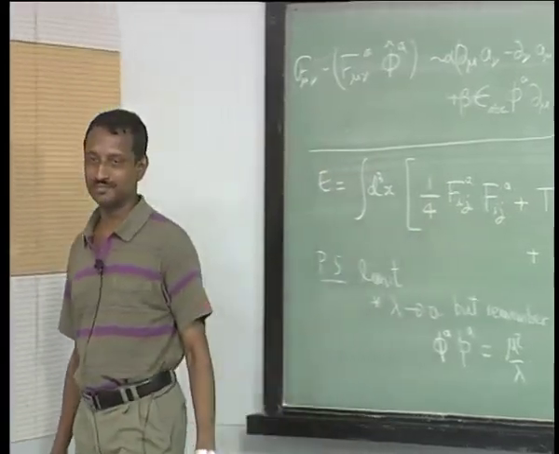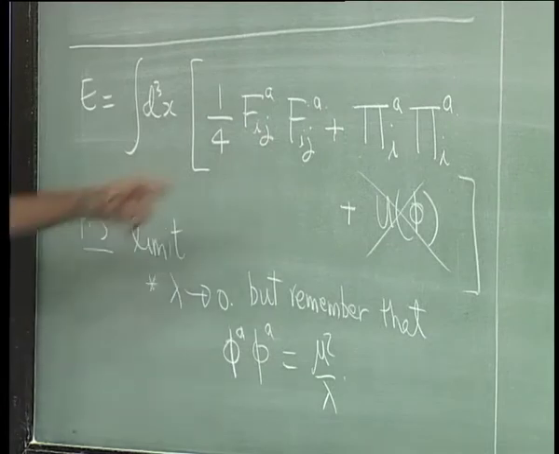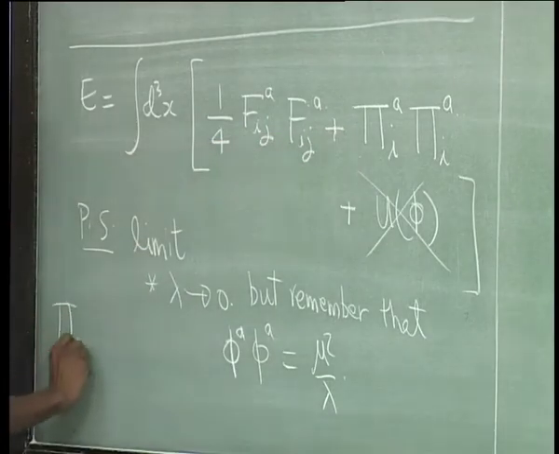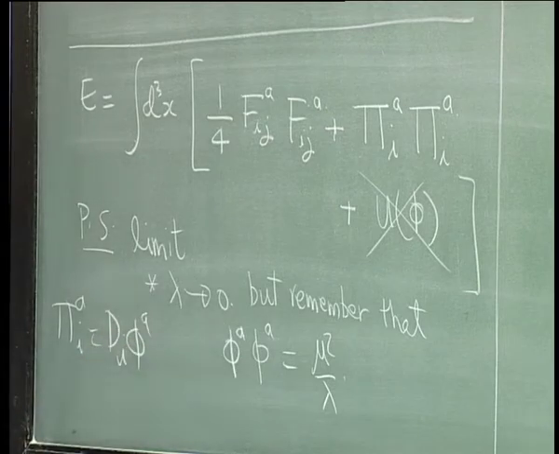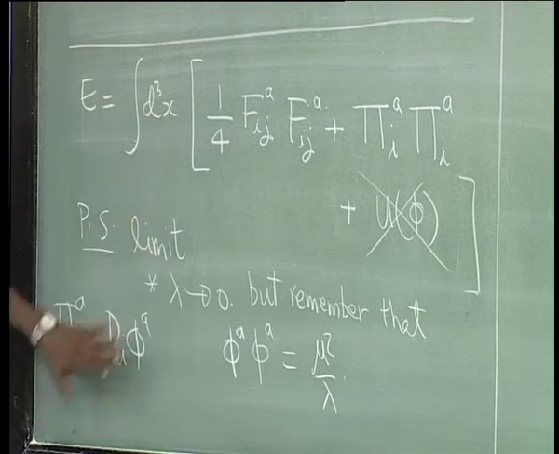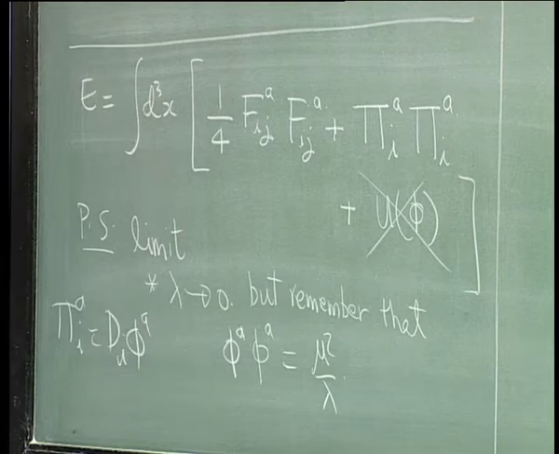And this π_i^a I could have written as just the covariant derivative, but this is the notation of Prasad and Sommerfield, and I am more or less following whatever they did.